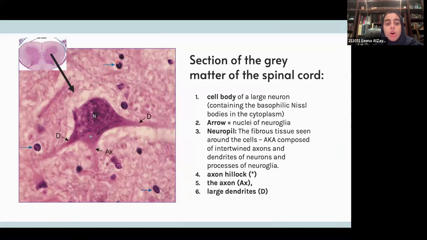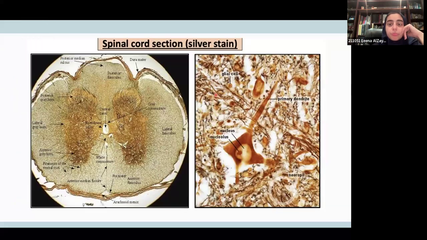And all these dots where we have blue arrows is the neuroglia or neuropil, which is a group of fibrous tissues, neuroglia, which is supporting cells, and everything around that's not cell is just a bunch of intertwined axons and dendrites of neurons and process of neuroglia. So it's just like a bunch of axons and dendrites together.